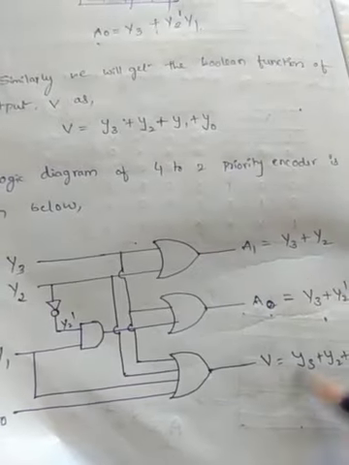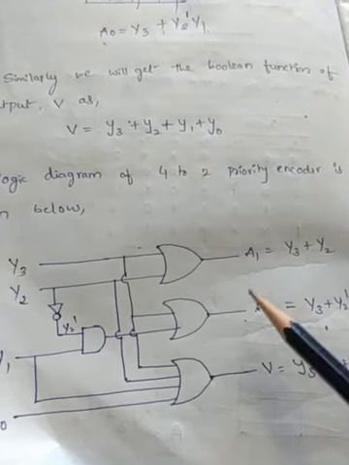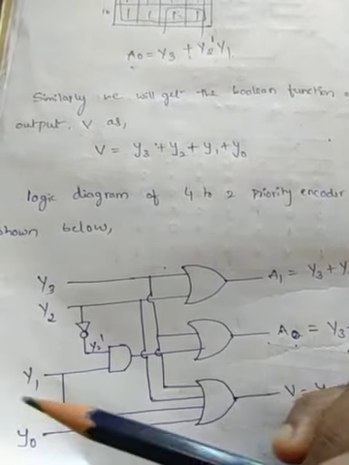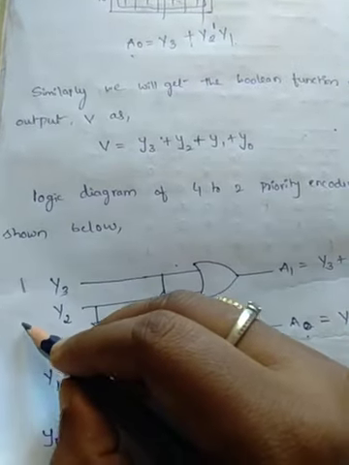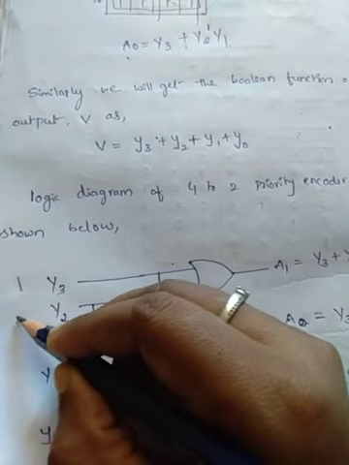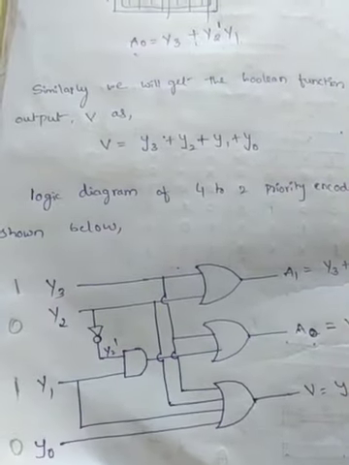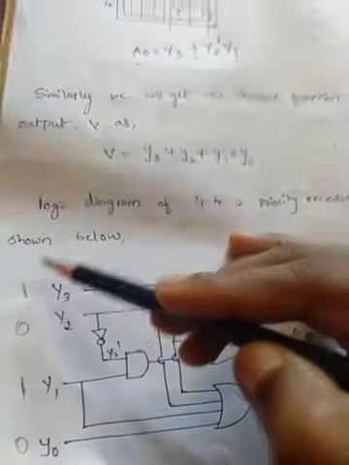And let us see how this priority encoder will work if more than one input is active high. For example, y3 is 1, y2 is 0, y1 is 1, y0 is 0. Actually y3 should be served.